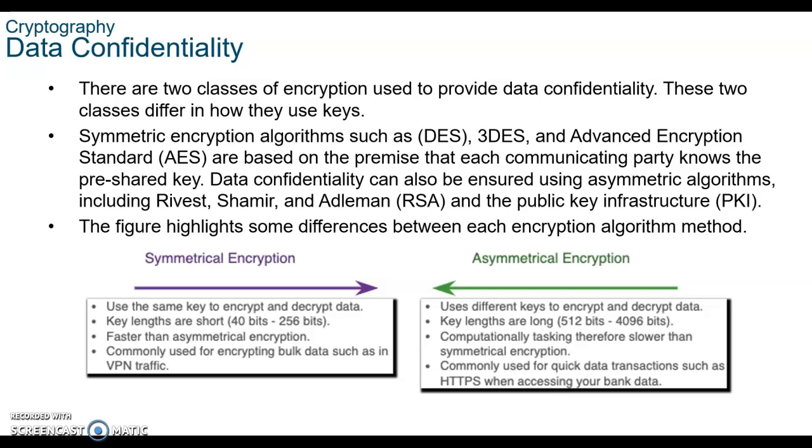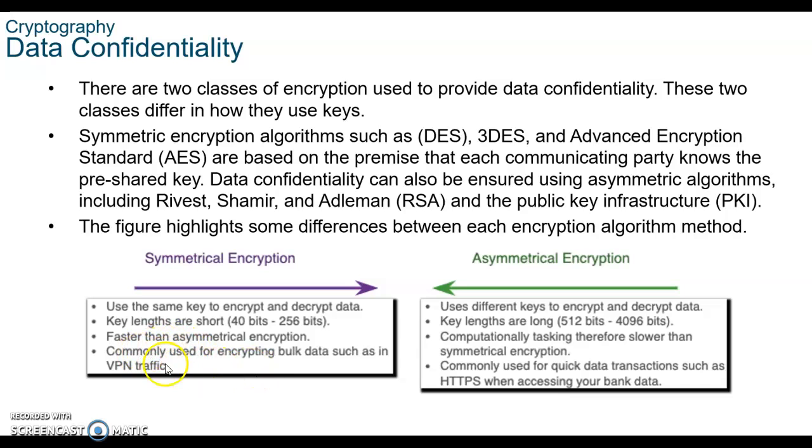Data confidentiality can be ensured using asymmetric algorithms or symmetric algorithms. The figure highlights some differences between each encryption algorithm method. Symmetrical, we're using the same key to encrypt and to decrypt, and this is a faster form of encryption and decryption, okay?